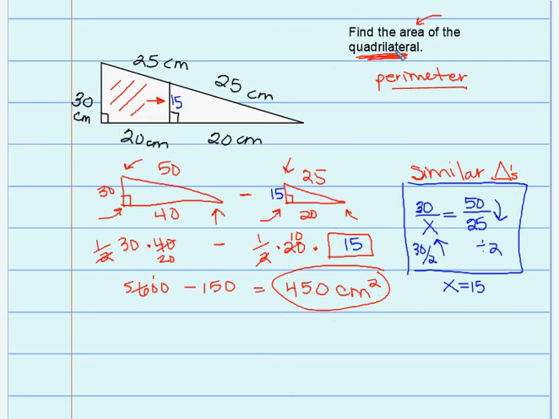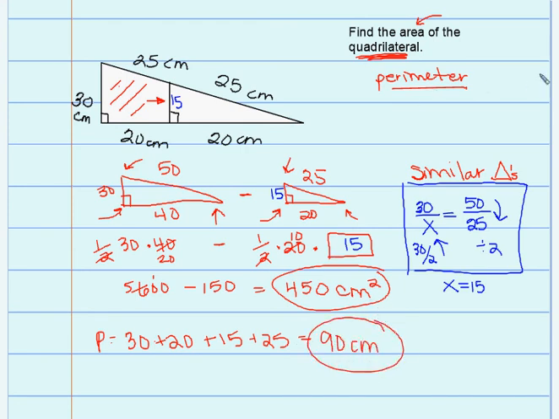To calculate the perimeter, you would just add up these dimensions. So perimeter would equal 30 plus 20 plus 15 plus 25, giving you 30, 40, 50, 60, 70, 80, 90 centimeters.